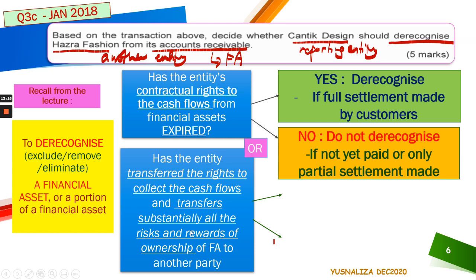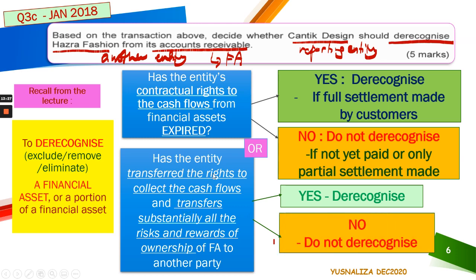If this does not happen but the second one happened, you can also have your financial asset derecognized. However, if it's not the case here, the right has not been transferred, the risk and reward has not been transferred, do not derecognize. So in our case, we are going to derecognize.